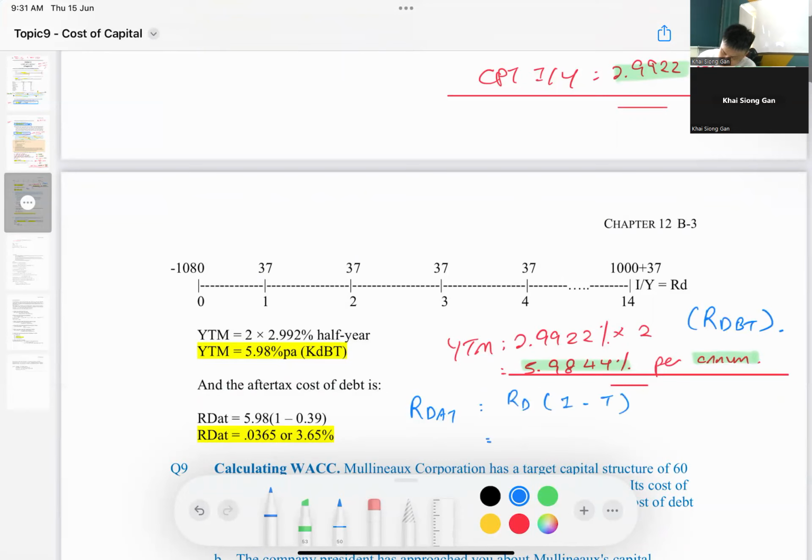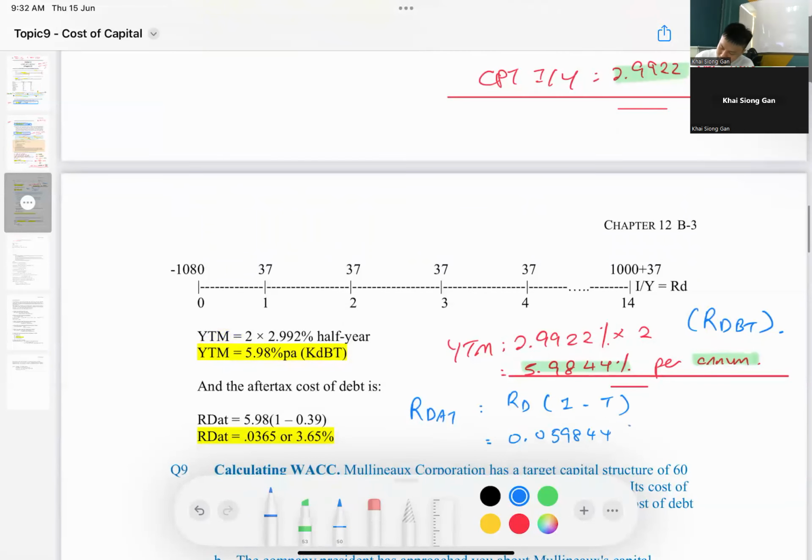RD is, okay, so make sure if you want to convert into percentage, everything must be in percentage. If you want to convert into decimals, make sure you convert everything to decimals. Like for me, I scared, so I convert everything into decimal first. Okay, 1 minus 0.39.